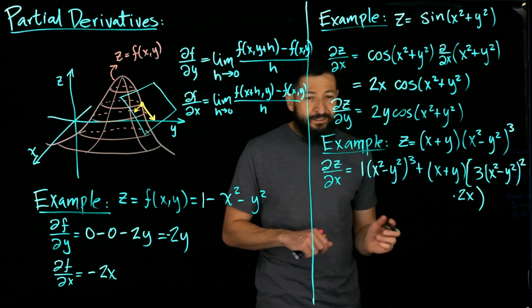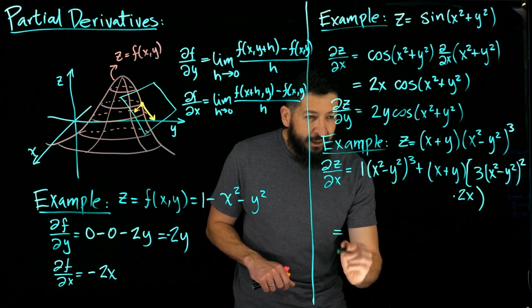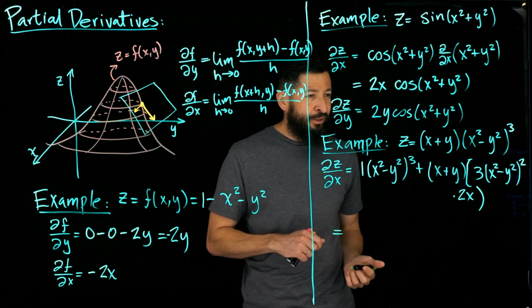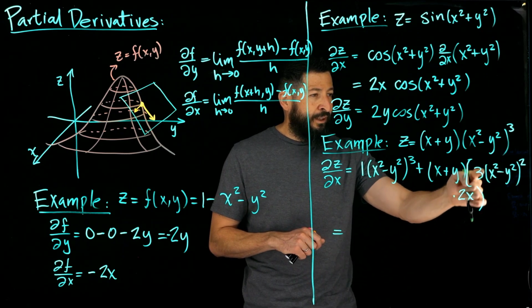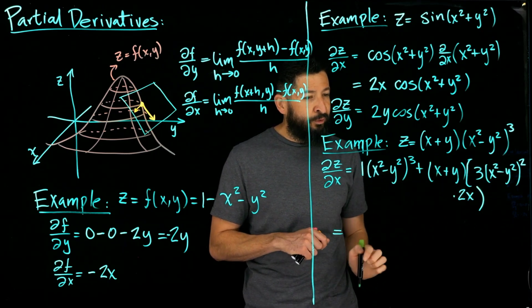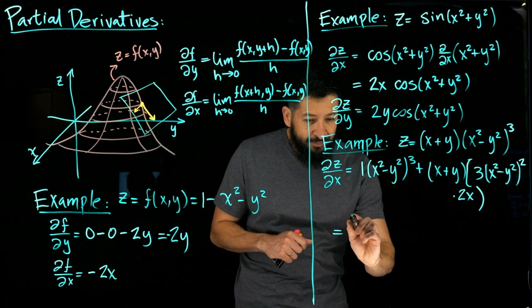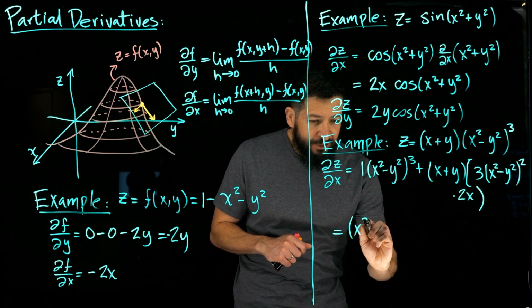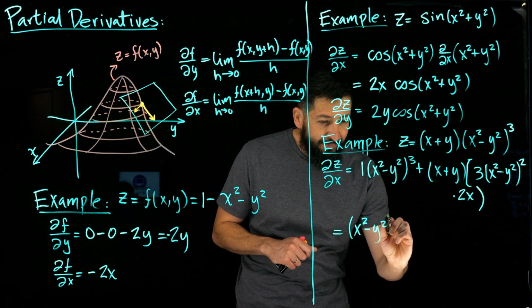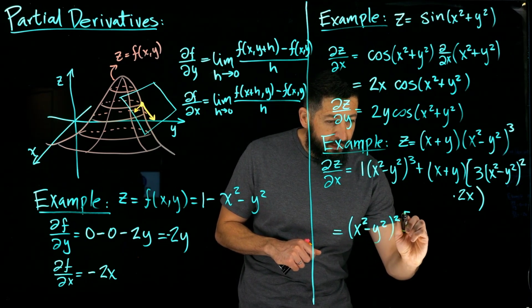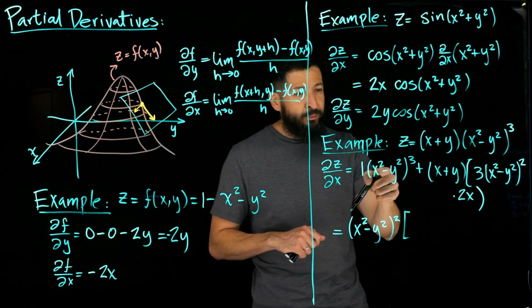So let's reorganize it a little bit and write it all. We could, of course, try to simplify by factoring that x squared minus y squared up front. Let's do that. That's going to make our computation a bit easy. Or simplification, rather.